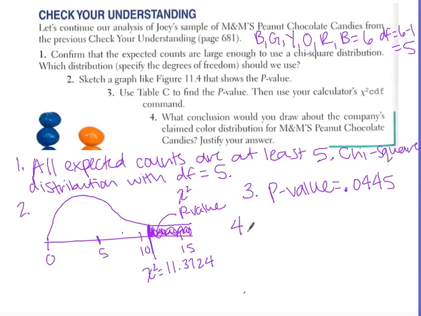Number 4 asks us, what conclusion would you draw about the company's claimed color distribution for M&M's peanut chocolate candies? Justify your answer.